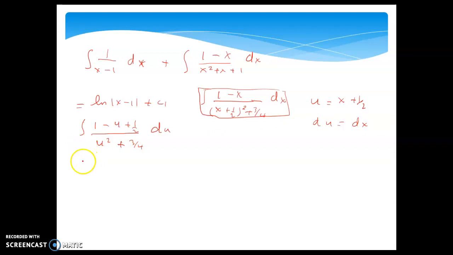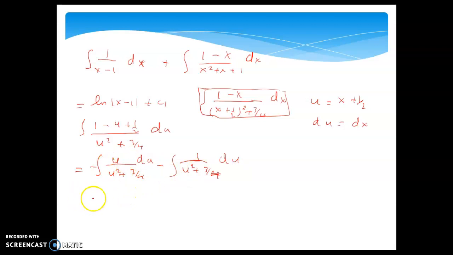And so here when we do the integration, we're going to have the integral of negative u over u squared plus 3 over 4 du, and then the integral of 1 over u squared plus 3 over 4 du.